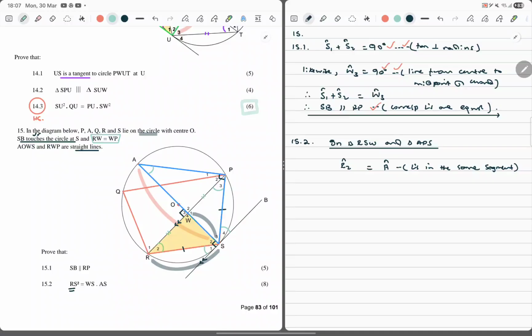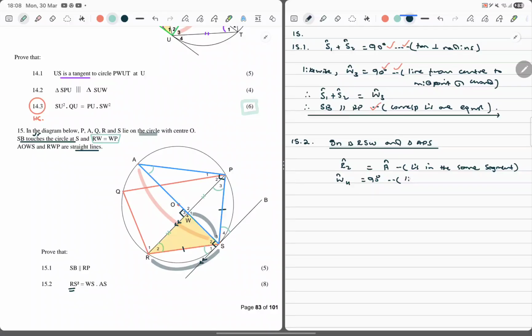Second one, we know that this angle is 90 degrees. It's not an angle in the semicircle, but this one is 90 degrees because of the line from center to midpoint of chord. So for the small triangle, I know that W4 is 90 degrees.